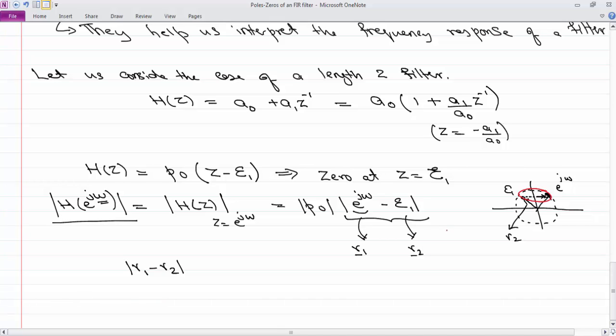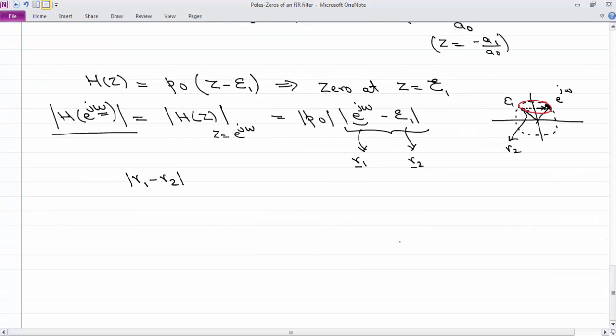So if you imagine this, I'll draw it a little bit bigger. So this is my 0. I have only one 0, and that vector is fixed.